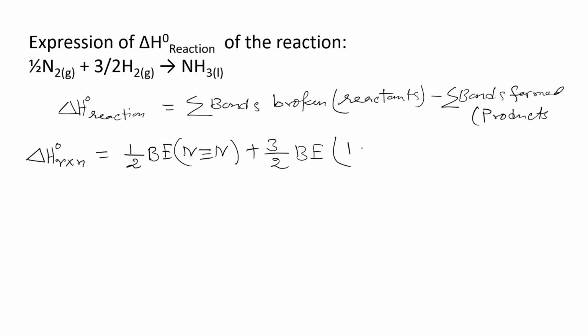This hydrogen bond. Then minus, how many nitrogen-hydrogen bonds are there? 3. So 3 times the bond enthalpy of this nitrogen-hydrogen bond. So this is the expression of the enthalpy of reaction for this particular reaction in terms of bond enthalpies.